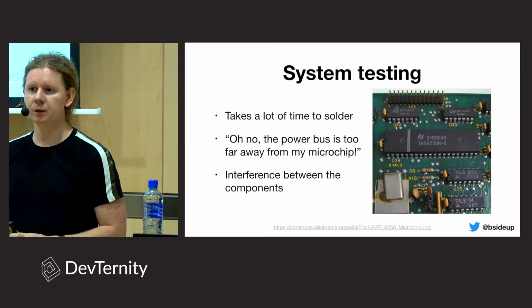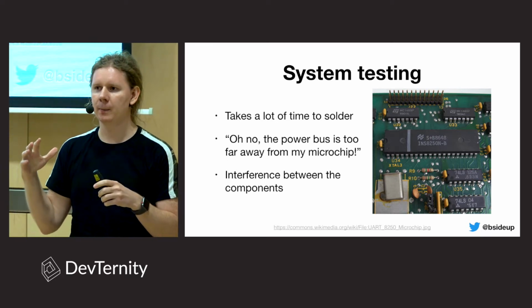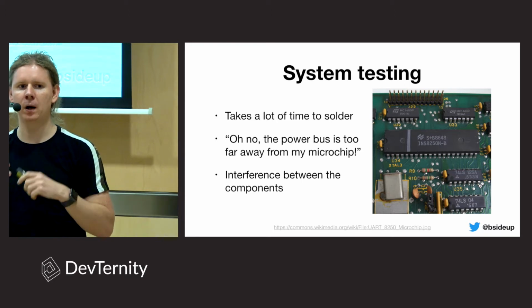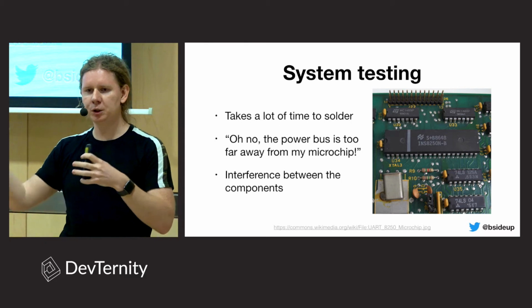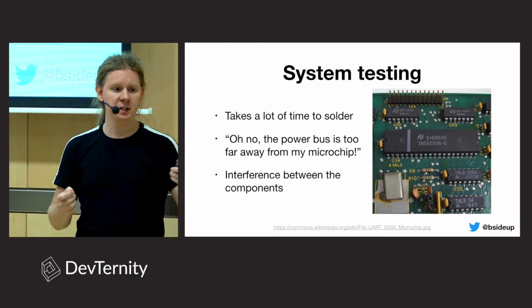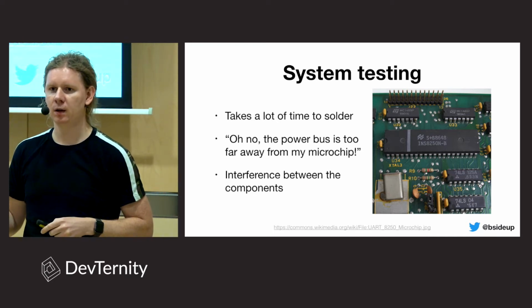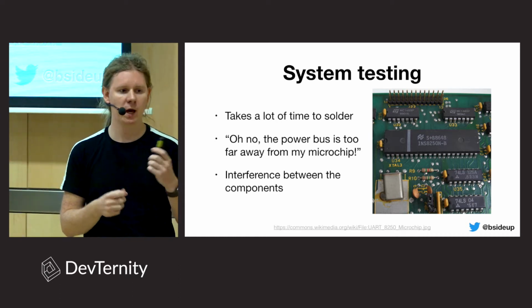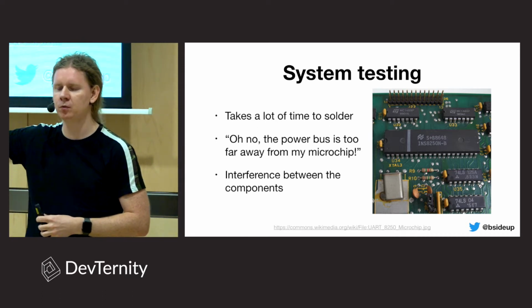But then apparently you realize that when you put 10 microchips on the same board, they consume so much energy that some of the chips are underpowered and the electricity is not reaching them, or maybe there is some interference or something. But it takes ages to order this motherboard and to solder everything. So compared to 5 minutes in the simulation, now we have something like 2 weeks to order it so that it arrives from the factory.